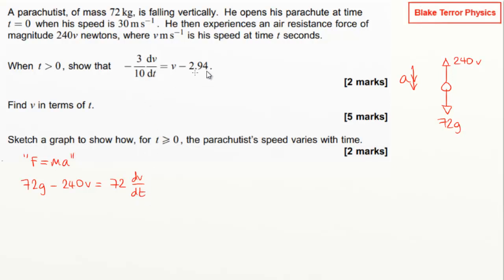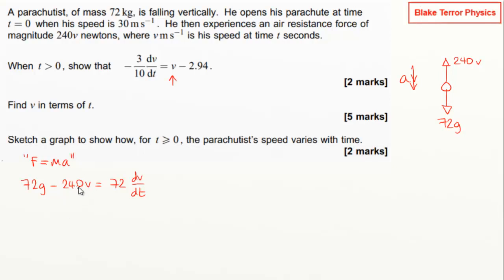Now we just got to rearrange things and get rid of some numbers to make it look like what they've given us in the question. So the key thing to look at here is what's going on with v. We've just got a straight v there, so we're going to need to get rid of this minus 240.